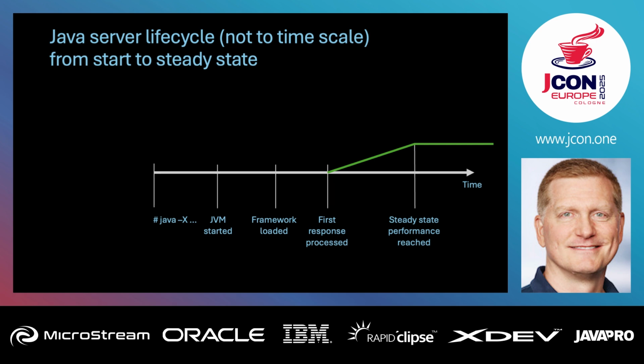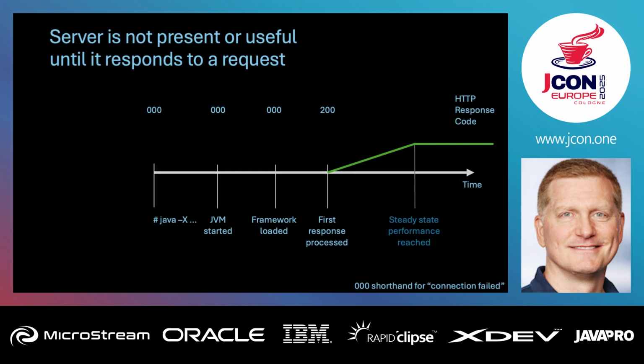Our caches are all full, our data structures are all loaded up, the JIT has compiled all the code that we need, all the classes are loaded, and we reach a steady state period. Now obviously this is very abstract. The real diagrams are much more noisy, but for this discussion we'll just keep it at this level.